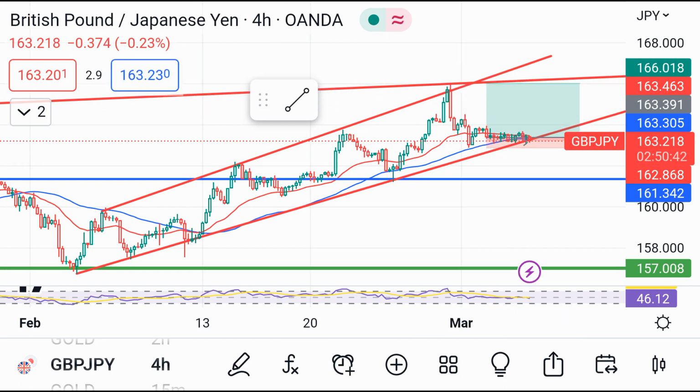So it means that when we risk $1, we are expecting to get $5 in return. When we risk $2, we get $10 in return.